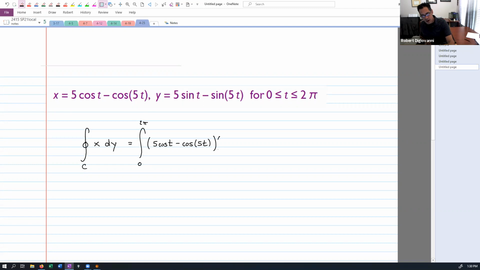And then dy, so I just need to take the derivative of this, which is going to be 5 cosine t minus 5 cosine 5t. Be careful there, chain rule, dt.